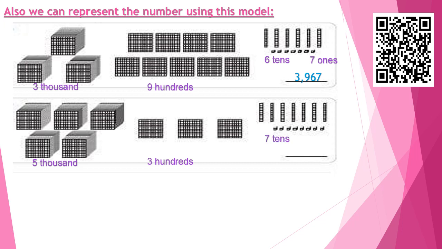I have 7 tens. How many small squares? 1, 2, 3, 4, 5, 6, 7, 8. I have 8 ones. So let's write our number: 5,378.